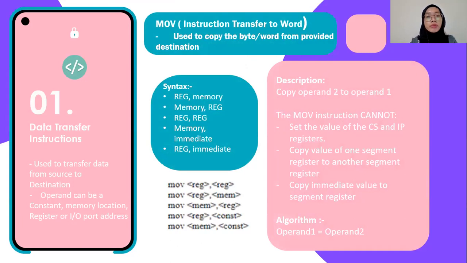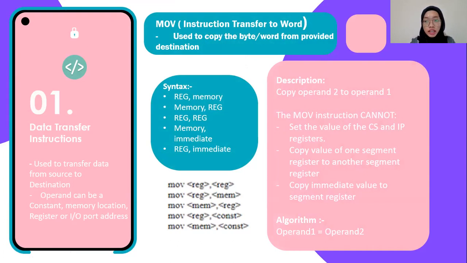And the operand can be a constant, memory location, register, or input-output port address. As I said earlier, I am going to focus on MOV instruction. So what is MOV? MOV is an instruction used to copy the byte or word from the provided source to destination.